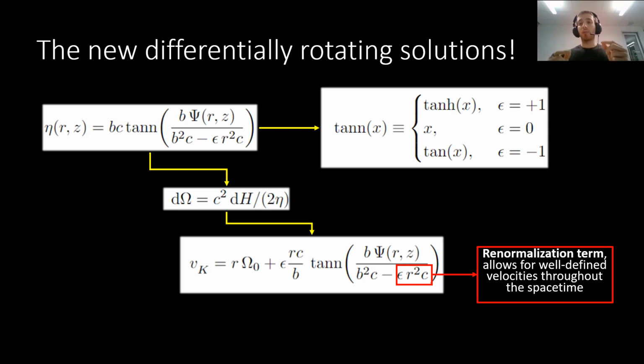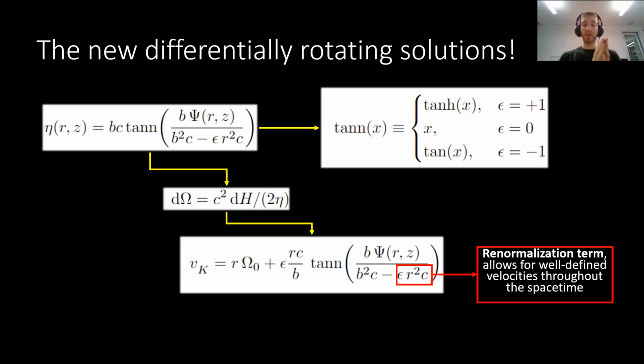Now, remarkably, the request for a physical thing, therefore differential rotation, introduces a renormalization term in the definition of the physically relevant quantities, so that we can pick solutions of the Grad-Shafranov equation which are well behaved around the axis and that are renormalized at infinity. Now, what we can say is that we have derived new, differentially rotating solutions which have a very clear physical meaning.